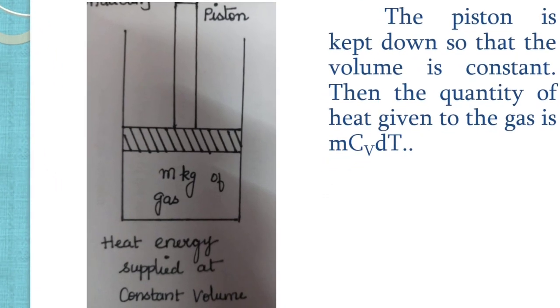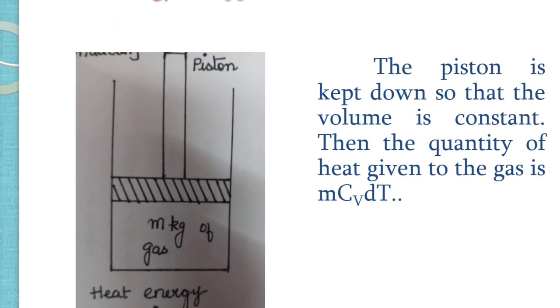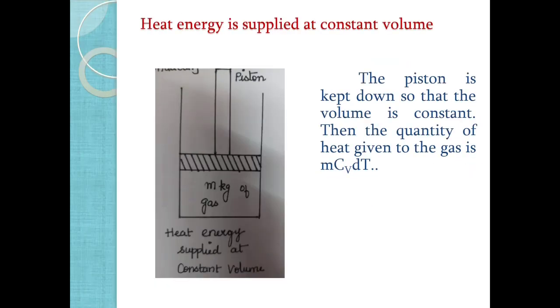To keep the volume of the gas constant, the piston is kept down as in the initial condition. So the heat provided to the gas is given by m into Cv times dT.